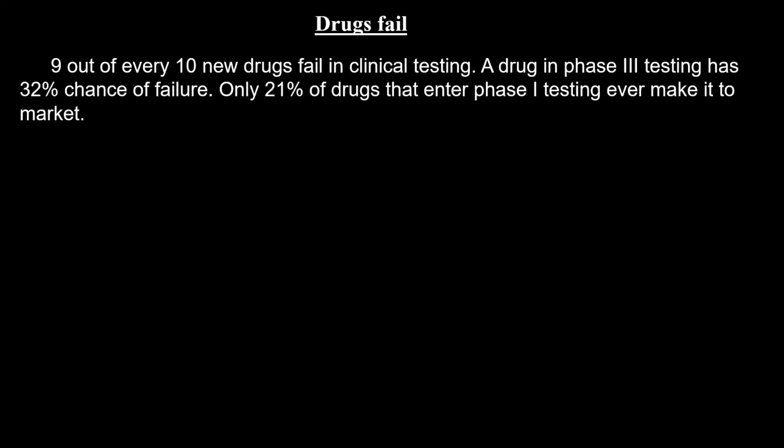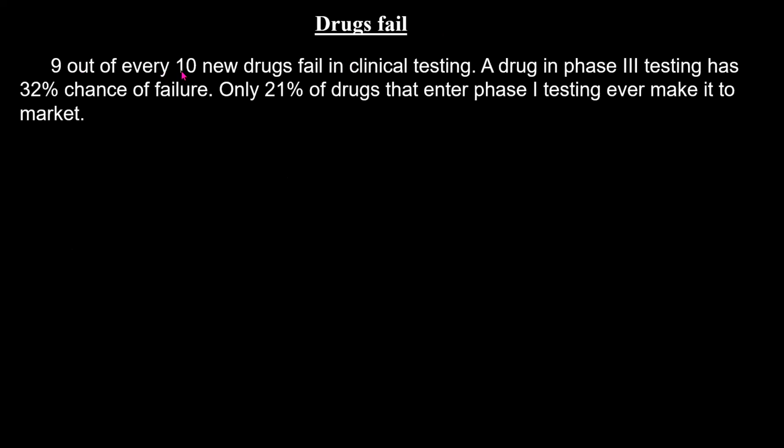So if you look at drug discovery, why do a lot of drugs fail? There are clinical trials, clinical trial 1, clinical trial 2, clinical trial 3, and so on, using human volunteers.